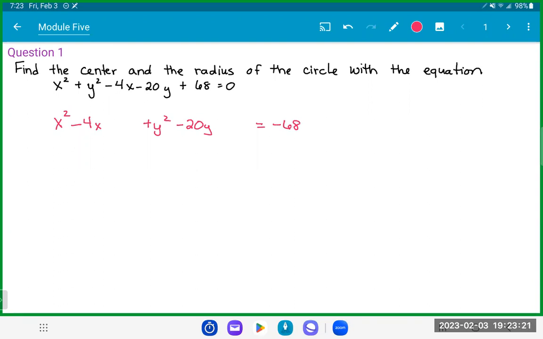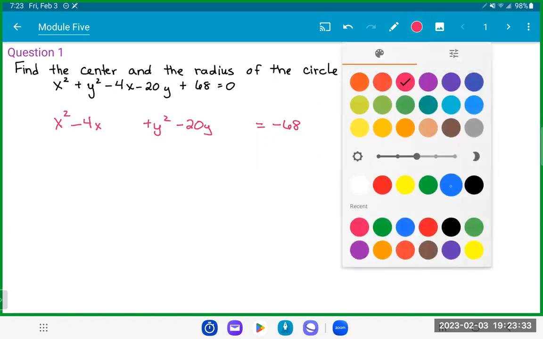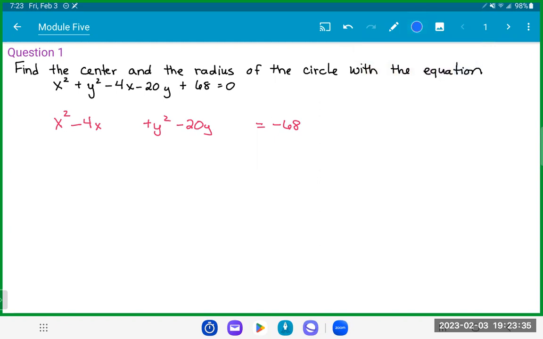Okay. So now the reason I left that space is because we need to perform what's called completing the square. We want to complete the square so we can make this into standard form, right? To complete the square, we're going to look at this value in front of our single x. That's a -4.